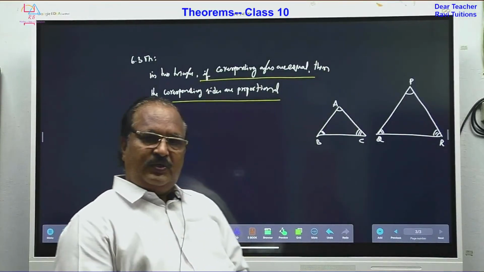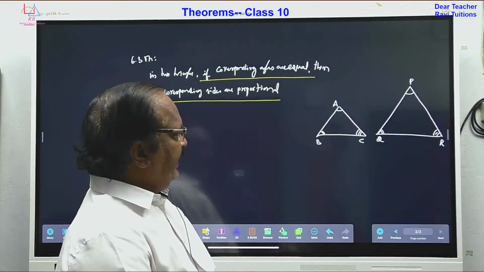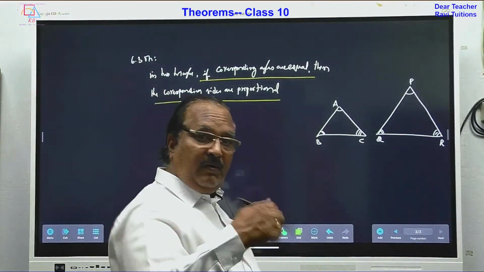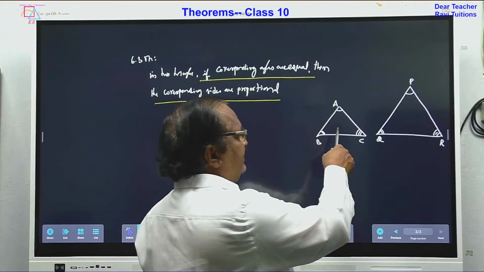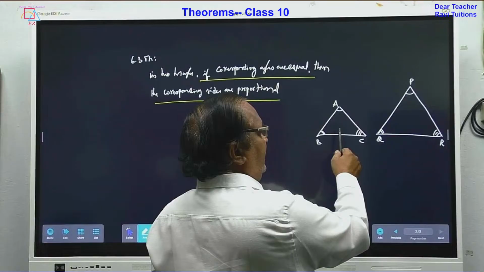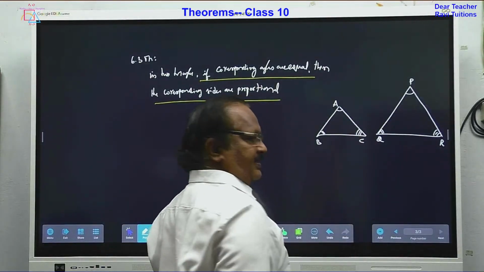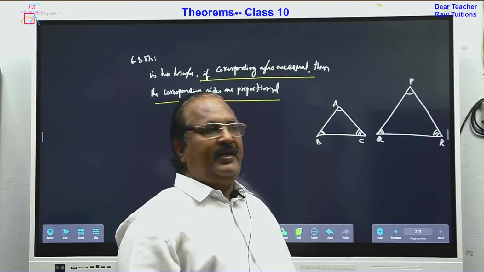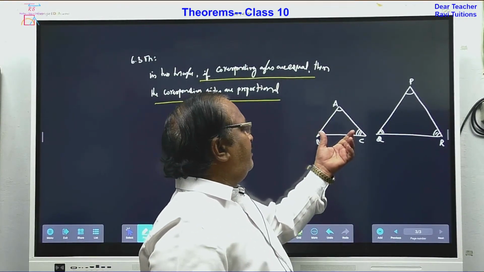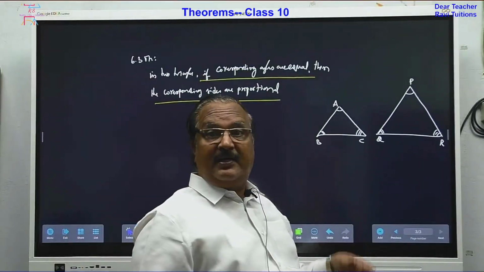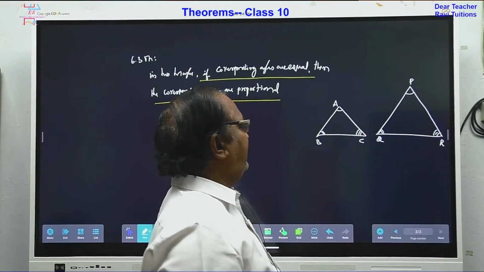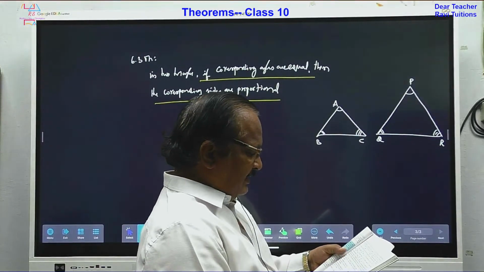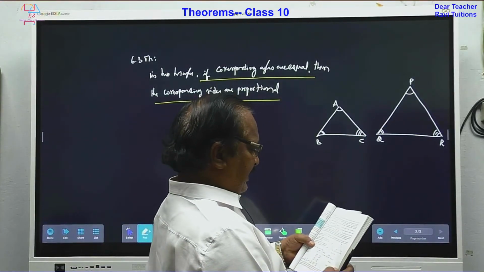Now in this we have to bring congruency, because the small triangle can fit in the big one. You have to take a small triangle and a big triangle. Now you can put this in this triangle because angles are equal.